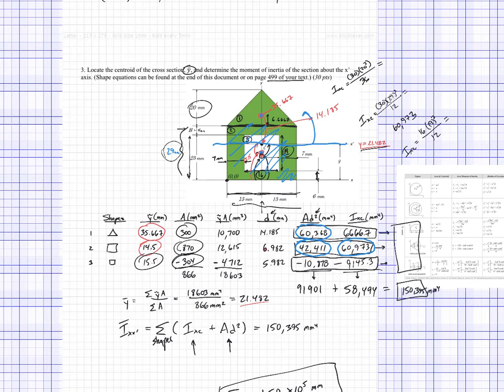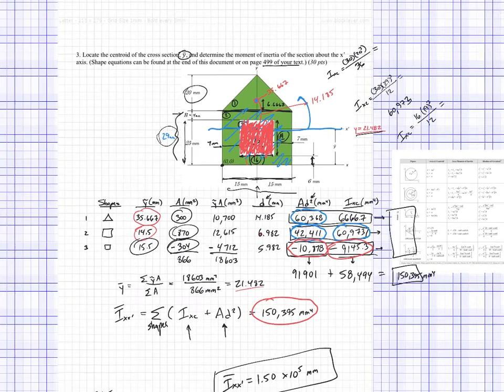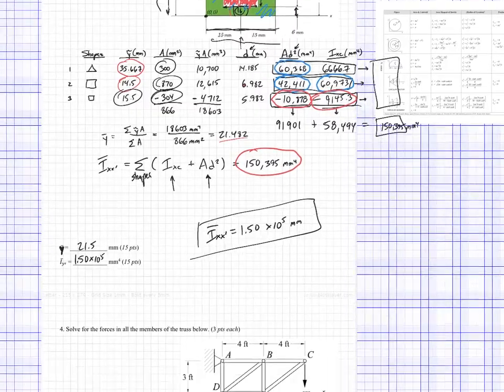Note that hollowing this out, removing this little bit right here, had almost no effect on our bending strength, when you consider that's about 20,000 and our grand total was 150,000. But we saved a lot of material. So this is why you can sometimes hollow out the middle, as long as the middle is in the centroid or close, then that shouldn't be a problem. So that's how we solve that one.